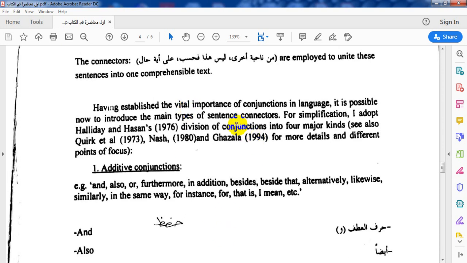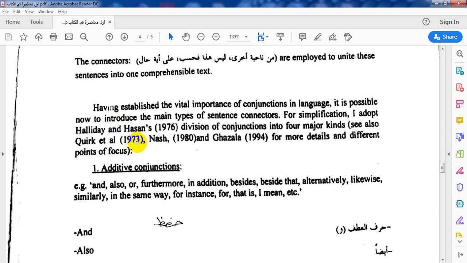And the author of this book adopted Halliday and Hassan's division. Those are two authors of a well-known book in English.